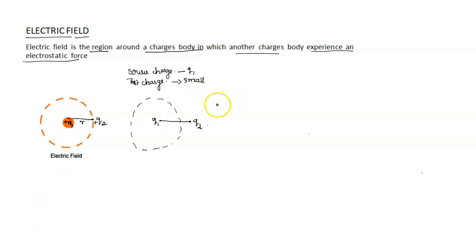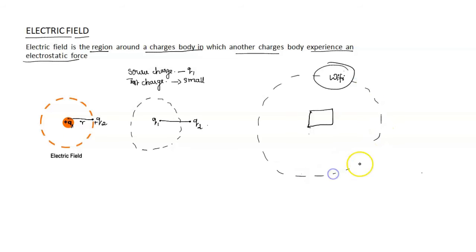We can relate this concept to our Wi-Fi signals. To provide a Wi-Fi network, we need a router, and the router provides Wi-Fi signals for some area. Suppose the router provides a Wi-Fi signal within a range of 5 meters. If we hold a mobile phone in this area, it can access the Wi-Fi signal.